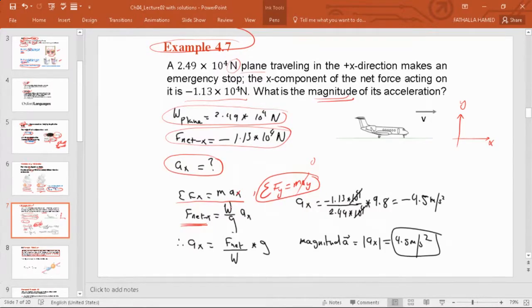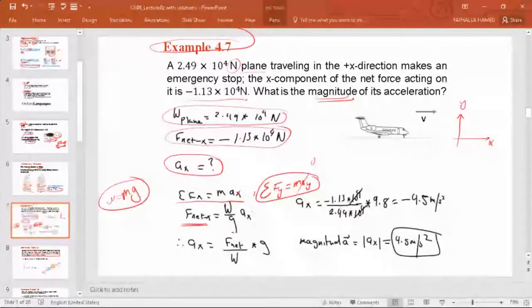Our mass, since we're given the weight, and we know that weight is equal to mg, so the mass will equal the weight divided by g. So ax here will equal the net force divided by the weight multiplied by g. I want to get the ax here, so I'll multiply by g over w.